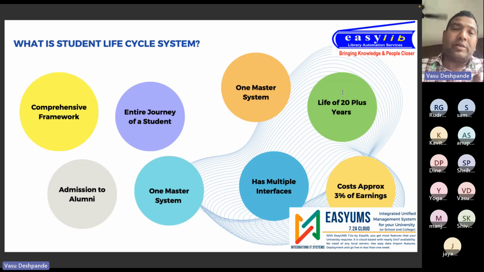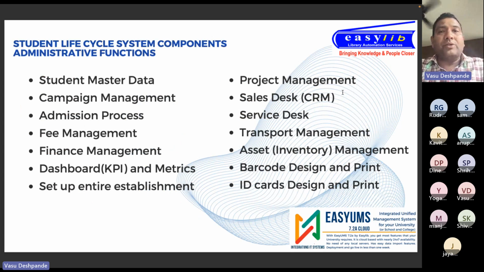Okay, so let's go deeper into what the functions of a student life cycle system are. The first one is master data. The complete master data of the students, including the name, address, phone number, Aadhaar, the email, parents' information, and past academic history.